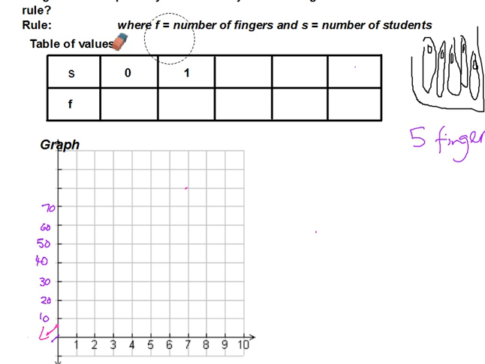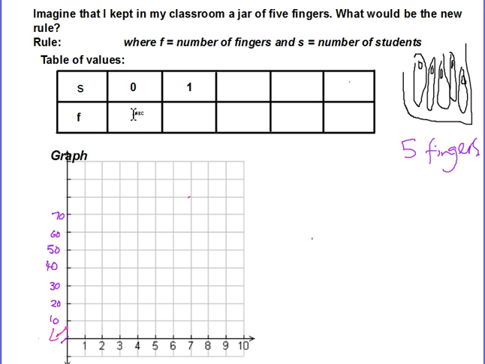So we'll do the table of values first, and that's going to help us to work out what the rule is. Here's my 5 fingers. They're in the room at every point in time. So when there's 0 students in the room, my jar of 5 fingers is still in the room, so the number of fingers in the room is 5.